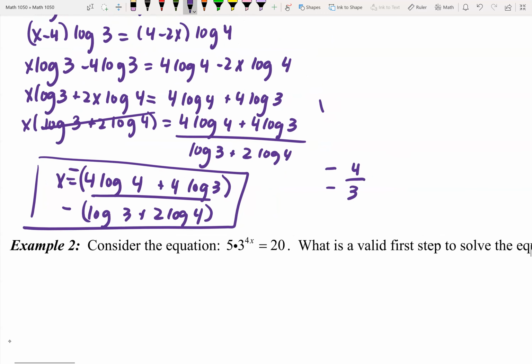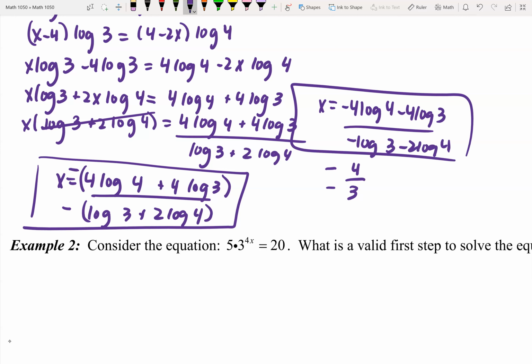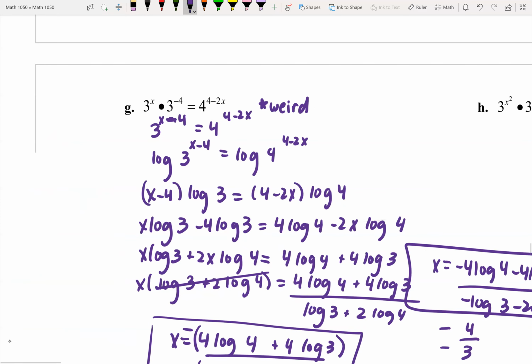And then if I distribute that, I'd get a negative 4 log 4 minus 4 log 3 divided by negative log 3 minus 2 log 4, and that is completely acceptable. And if you move things to the opposite sides, that's what happens. It tweaks the signs. It's totally fine. No problem. Okay? All right, that was question G.